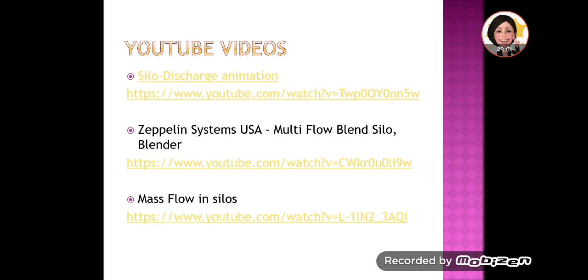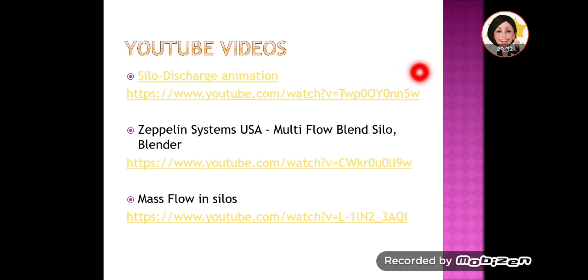So these are the problems that can happen in a storage bin or hopper, as we call it. These are some interesting YouTube videos that you can watch that explain the hopper flow.